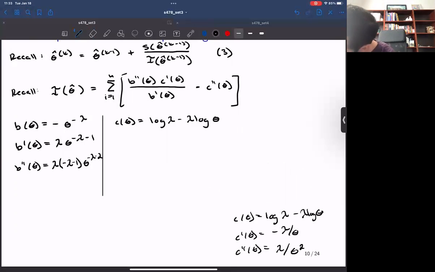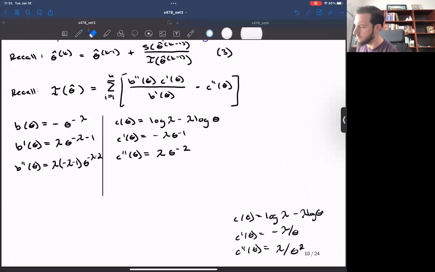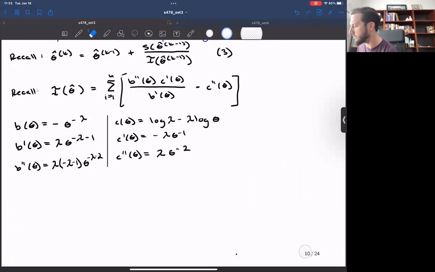For c prime theta, we're going to have negative lambda to the theta minus 1, and for c double prime theta, we're going to have lambda to the theta minus 2. Not terribly tricky, but a fair challenge, I suppose.